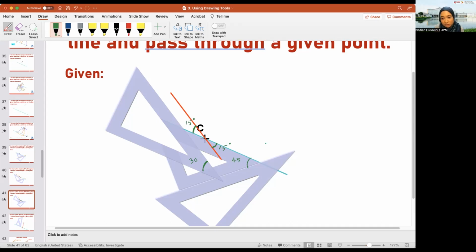Triangle last tu, doktor, sama dengan 15 atas tu. Tak faham, korang unmute lah, bagi tahu saya.